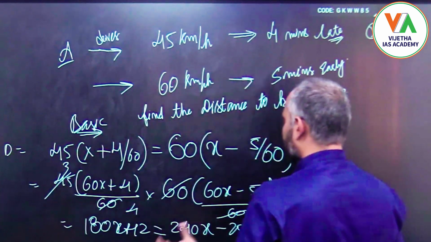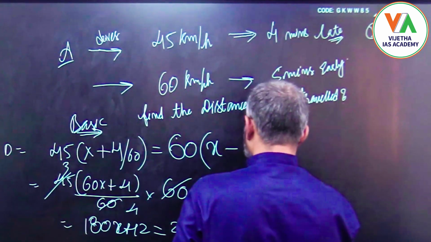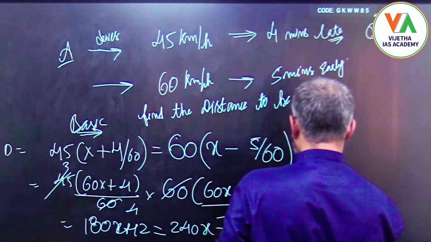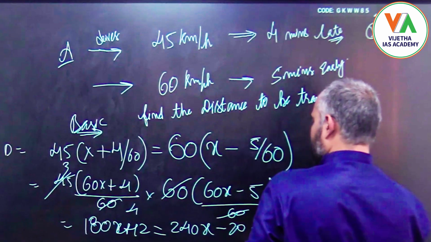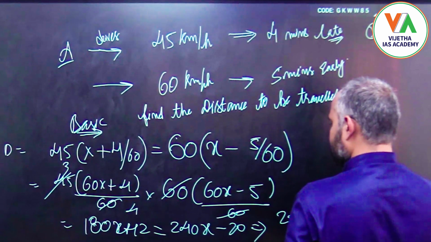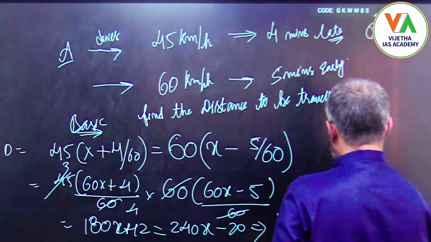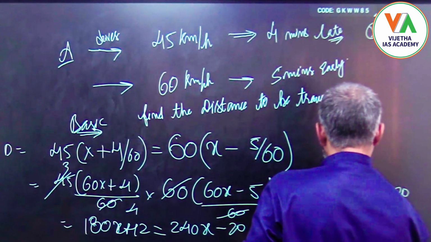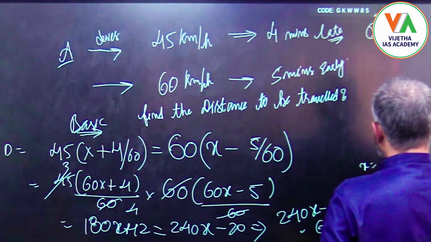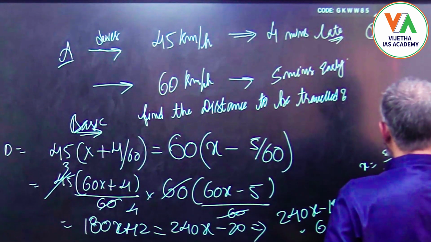If you rearrange the equation, it becomes 240x minus 180x is equal to 12 plus 20. So, 60x is equal to 32. x is equal to 32 by 60.